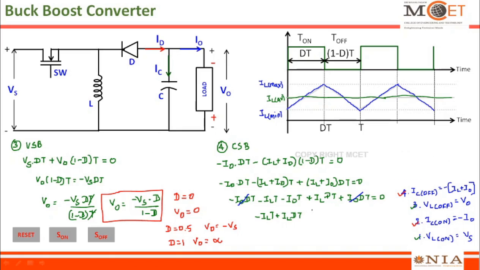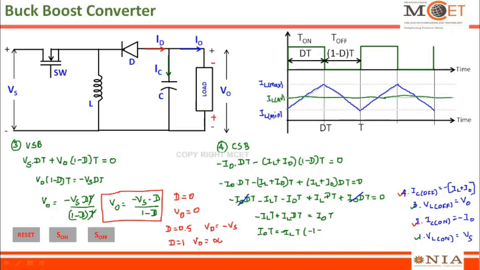I can rewrite this expression as I0 into T is equal to, if I take IL into T as common, minus IL into T times (1 minus D).